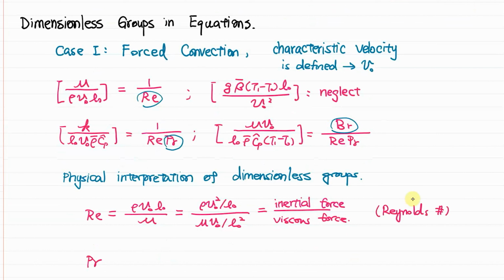The Prandtl number is defined as mu times Cp over thermal conductivity. It actually equals the kinematic viscosity, or the momentum diffusivity, over the thermal diffusivity.